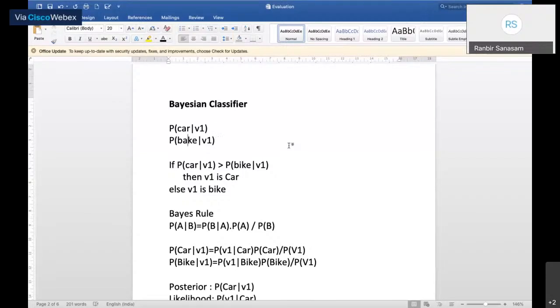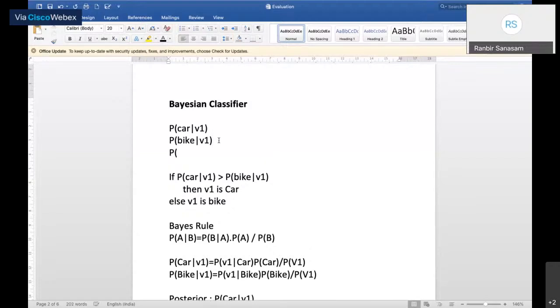If I have more than two classes, like bus also, I also need to calculate the probability of bus given the vehicle. So if you have two classes, you have to calculate the probability of getting those two classes for the given sample. If you have three classes, you have to calculate for all the classes.